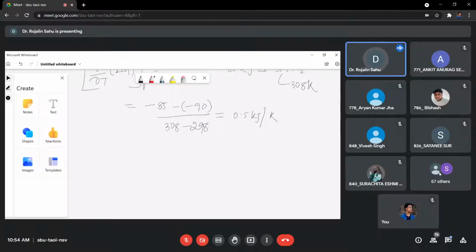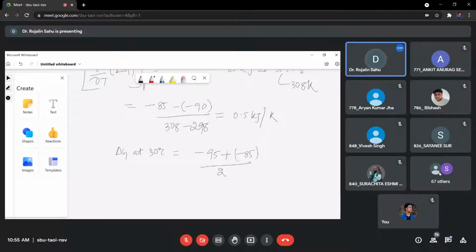So they have asked for del G at 30 degrees Celsius. So it is minus 90 plus minus 85 divided by 2, because 30 is in the middle of the range of 25 and 35.